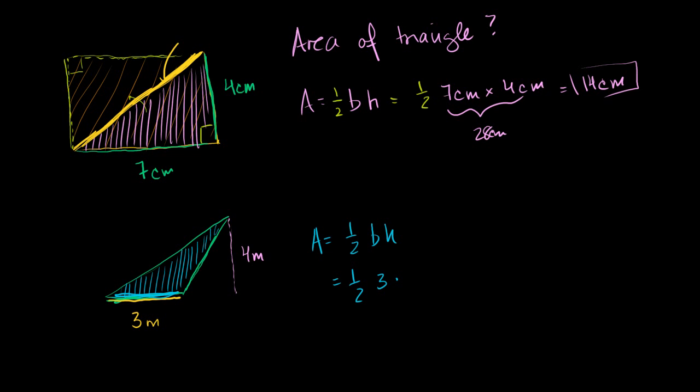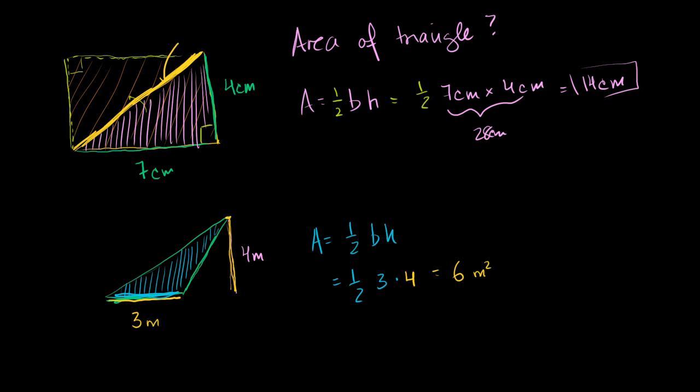Or I guess a better way to think of it is an altitude of the triangle. So this thing isn't even in the triangle, but it is literally the height. If you imagine this was a building, you'd say, how high is the building? It would be this height right there. So 1/2 times 3 times 4. 3 times 4 is 12, times 1/2 is equal to 6. We're going to be dealing with square meters.